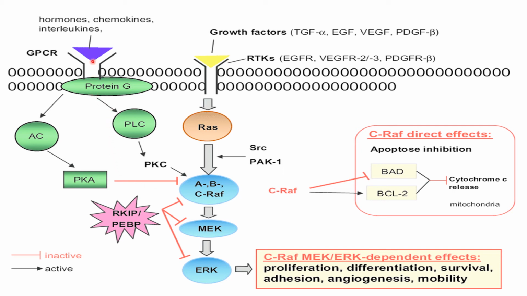Similarly, here GPCR, which I have already explained, G-coupled protein receptors, bind to chemokines, interleukins, hormones. All of them will become familiar to you when you study in detail in different chapters. Interleukins or chemokines are mostly produced in response to some immune response, and they are going to activate the G protein, and the G protein is going to activate phospholipase C, then protein kinase C. Protein kinase C, you have studied it.